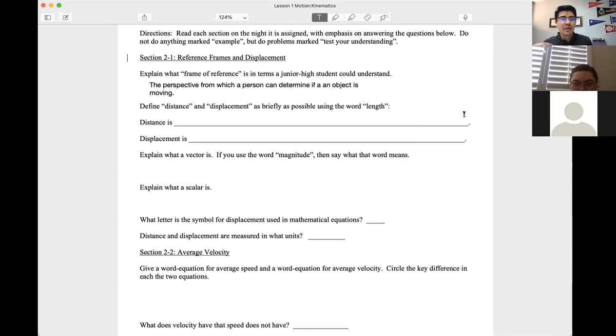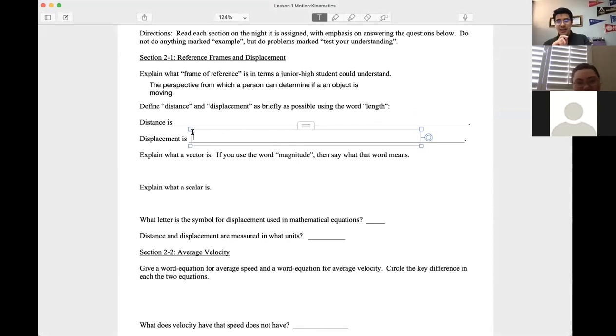Now, more important, what's the difference between distance and displacement? Isn't distance how far something is apart and displacement how far something is moved apart? You need to be a little bit more specific than that. Displacement is in reference to where it originally started, while distance is just the amount of distance.